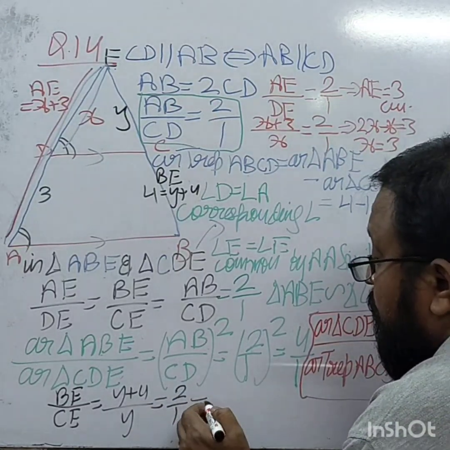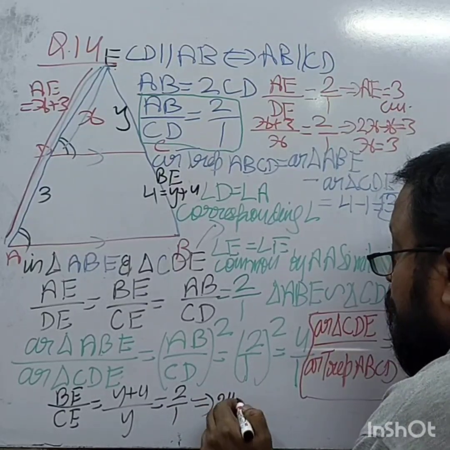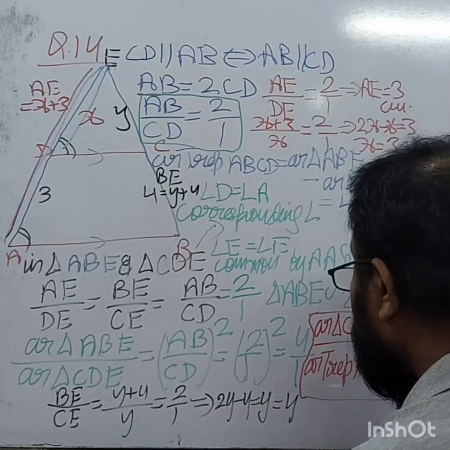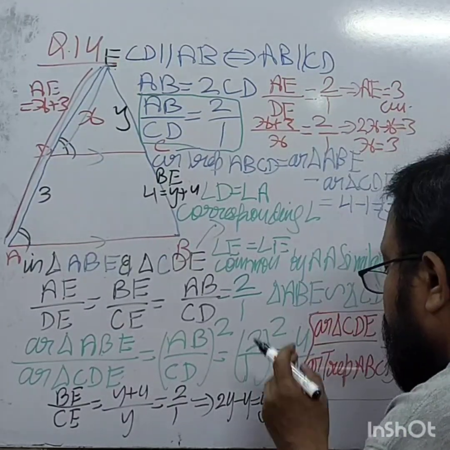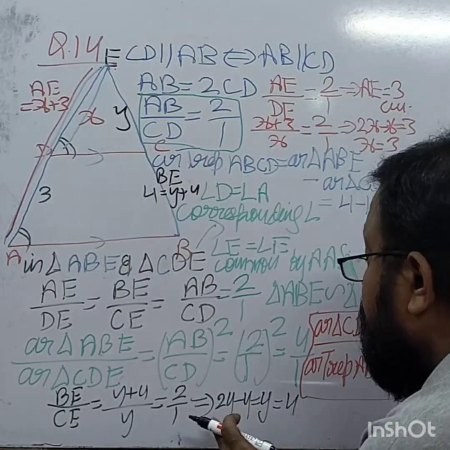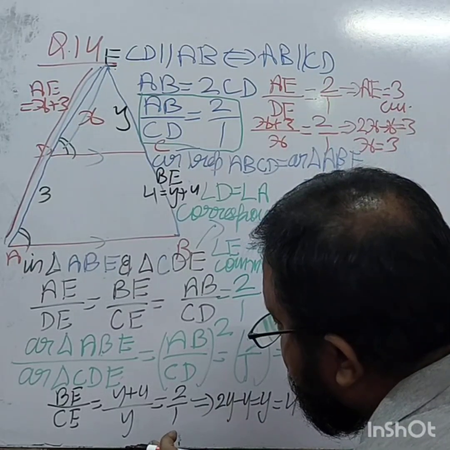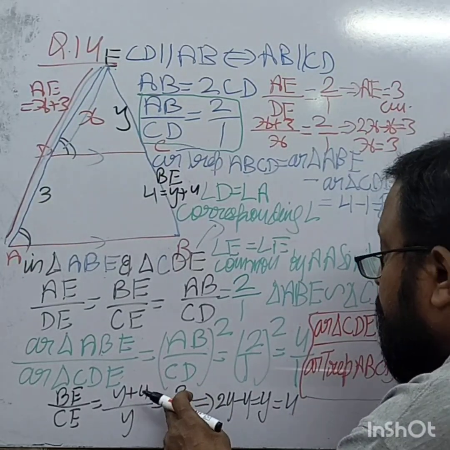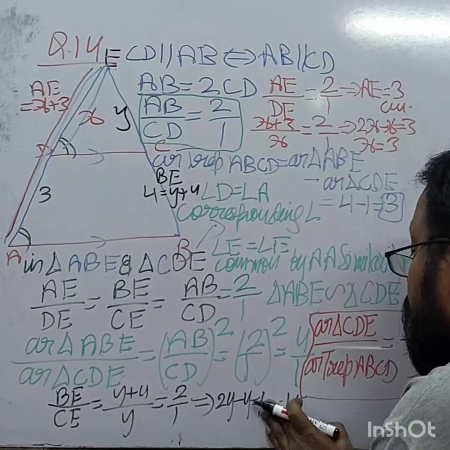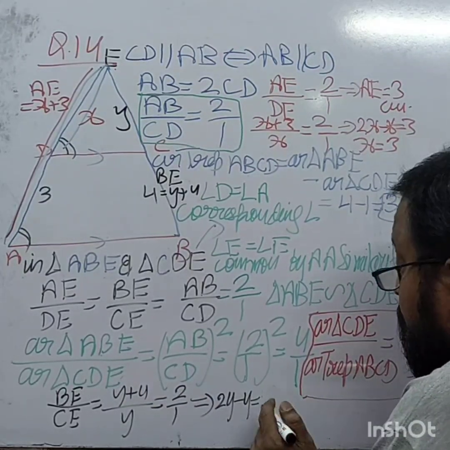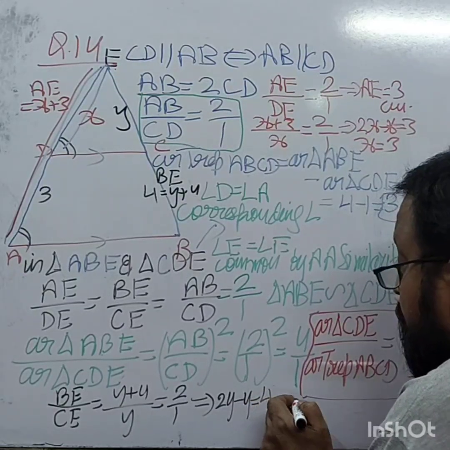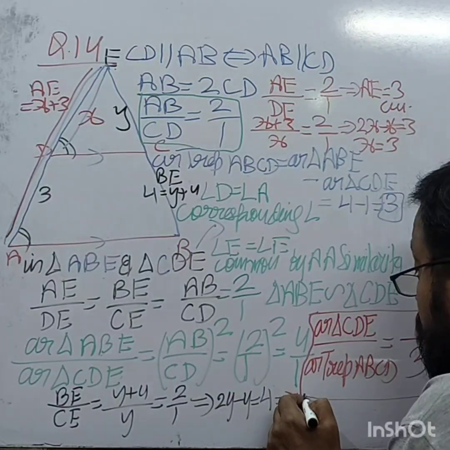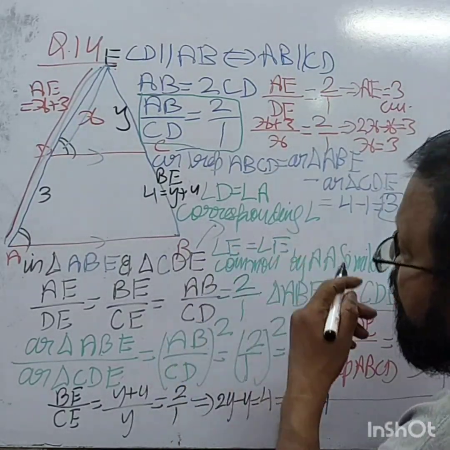Right? So again you get 2y minus y is equal to 4. So y is equal to 4.